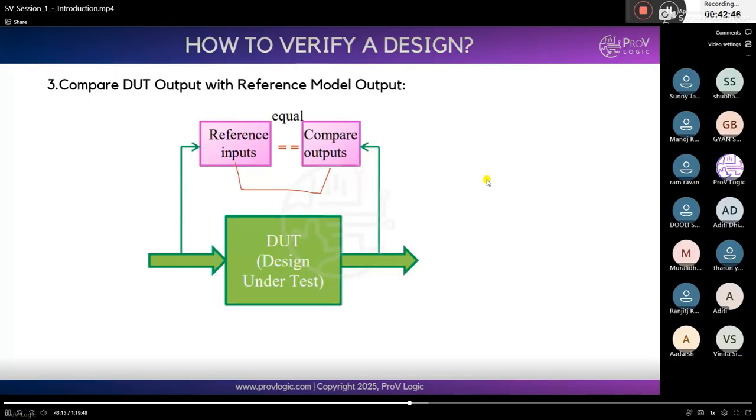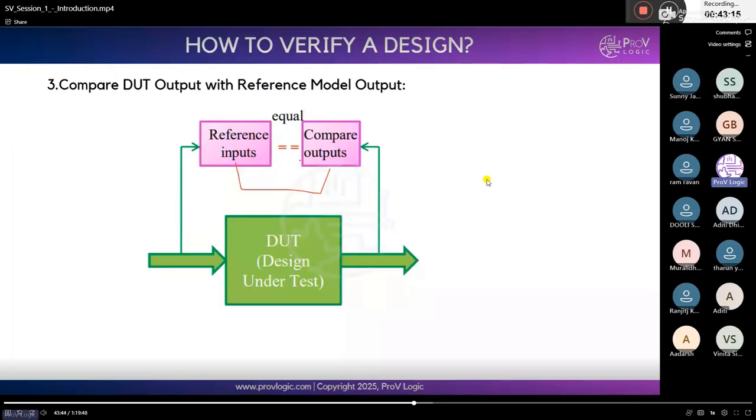But in SystemVerilog, by default, we write the program in a scoreboard with golden reference logic. So with the reference value, we check the output. If both are equal, then we can say our design is 100% correct. If both are not equal, our design is wrong.